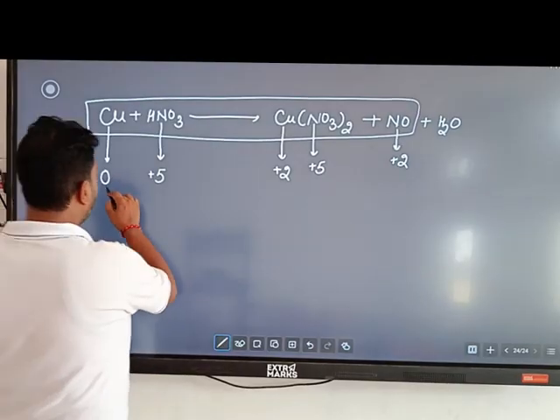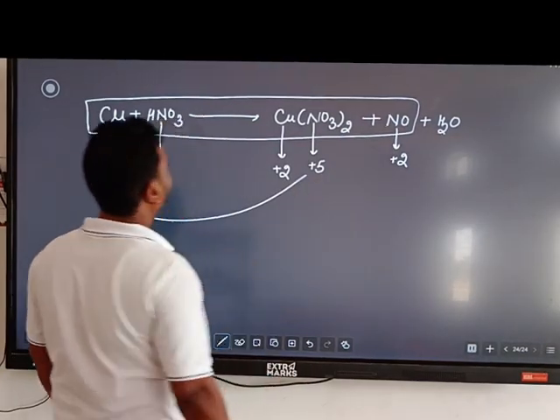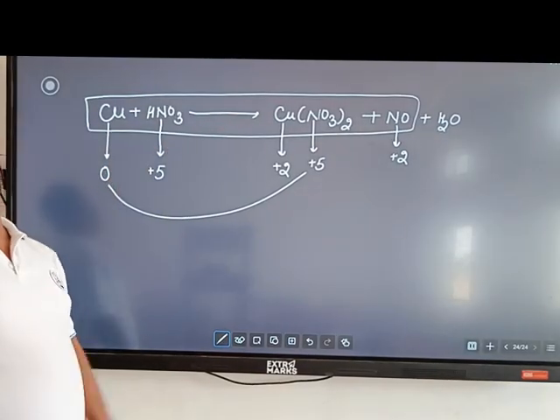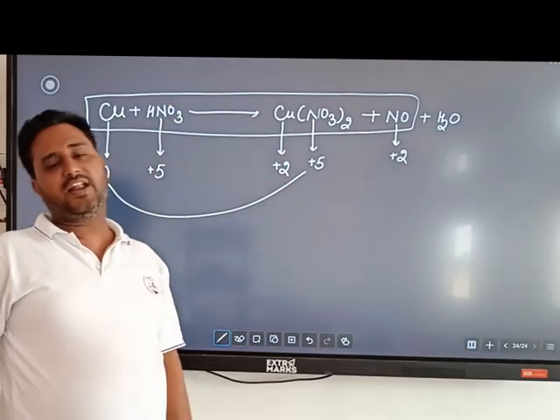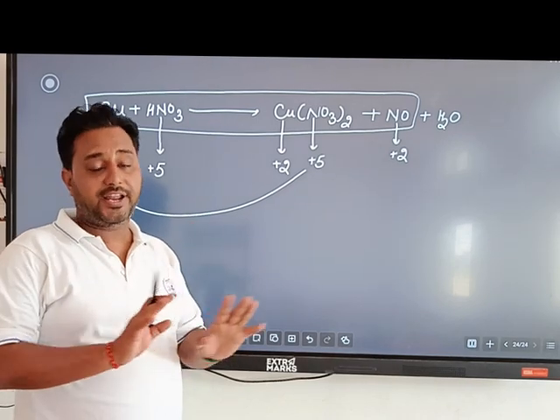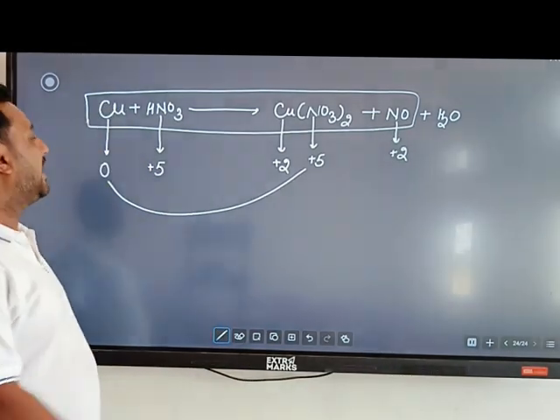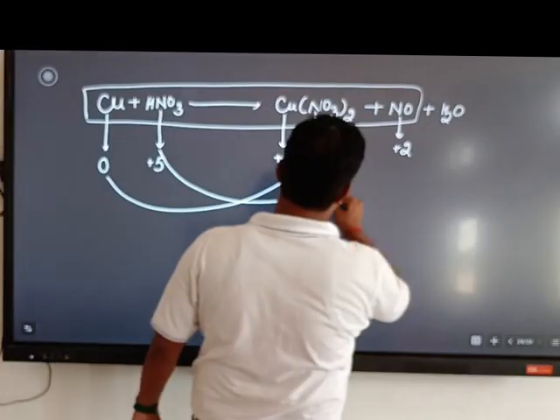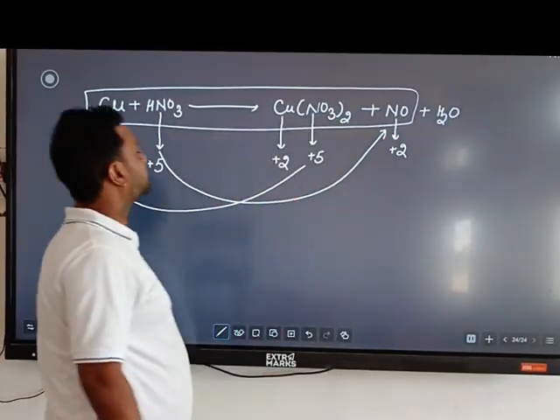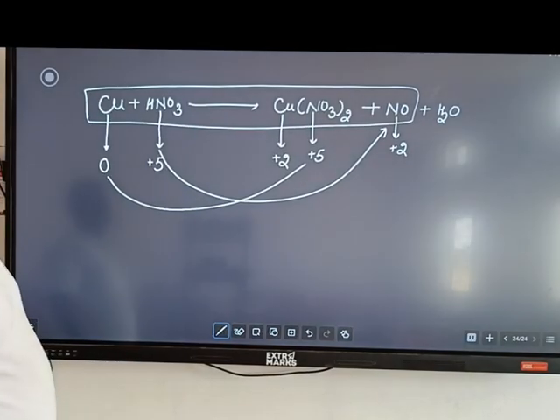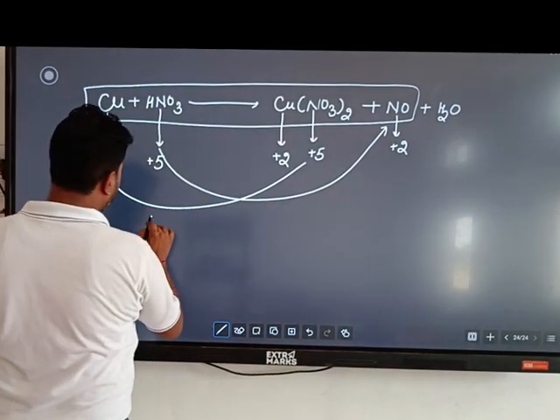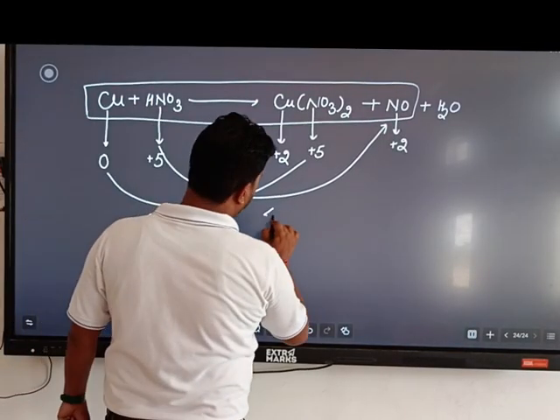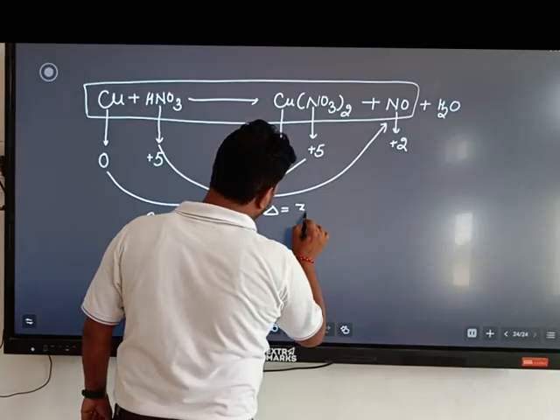One redox will be copper to copper nitrate, because if we consider nitric acid to copper nitrate, then the oxidation number of nitrogen is constant, so that reaction will not be a redox. And the second reaction will be nitric acid to nitric oxide. In the first reaction the change in oxidation number is 2, and in the second reaction the change in oxidation number is 3.